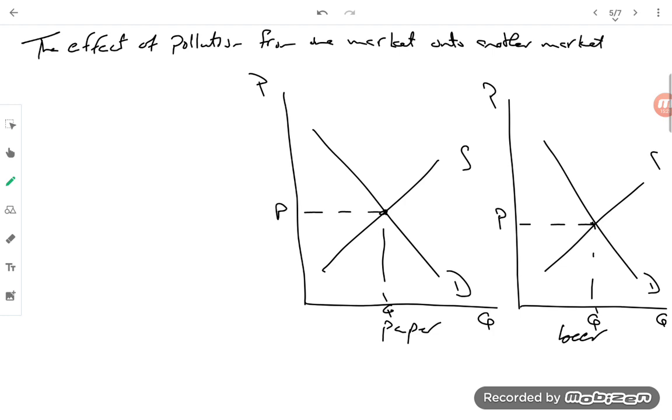Now let's assume that producers of paper found that the cost of preventing pollution is very high. As a result, they are going to ignore the cost, or they are not going to prevent pollution.